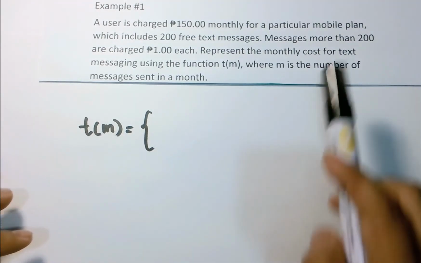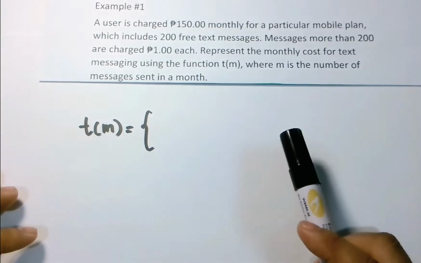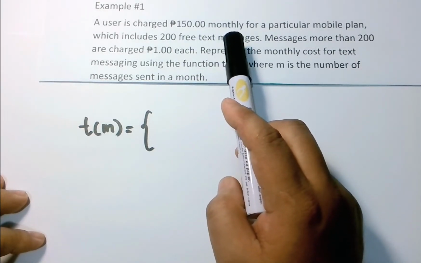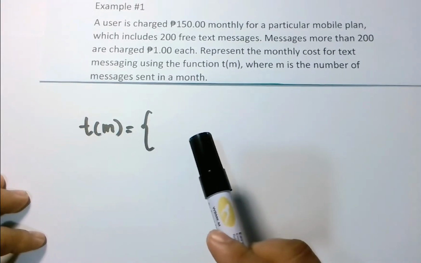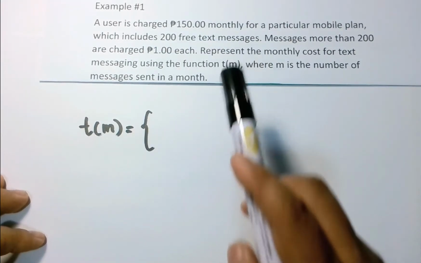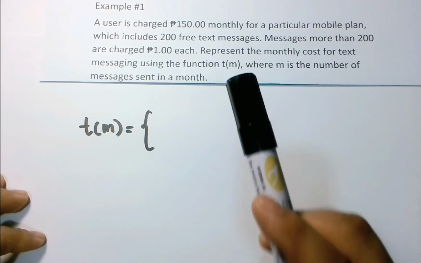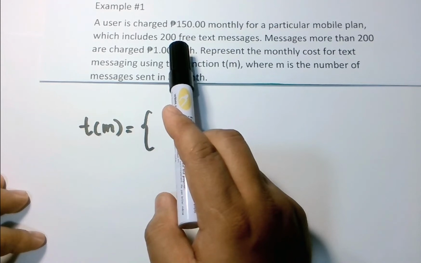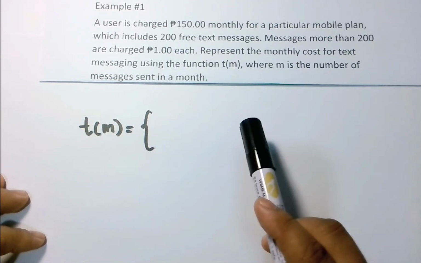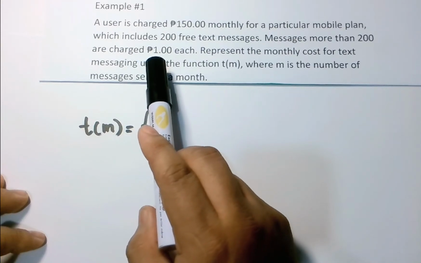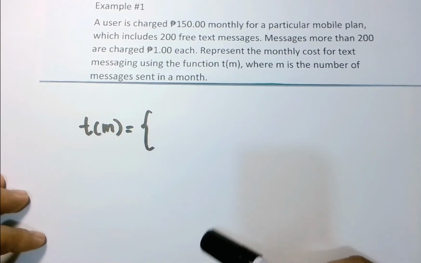Yung particular mobile plan user daw ay na-charge ng 150 pesos buwan-buwan kung siya ay gagamit ng 200 free text messages. Pero kung lalampas sa 200 free text messages ang magagamit niya sa loob ng isang buwan, magkakaroon siya ng additional charge na 1 peso sa bawat text message.